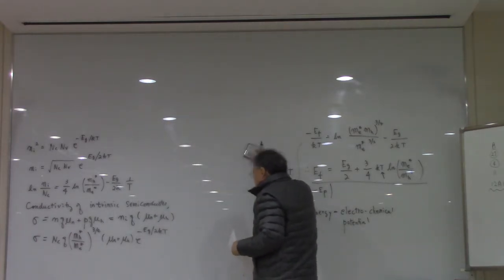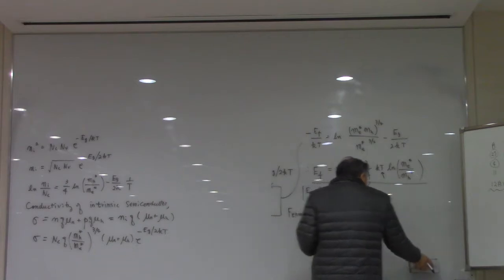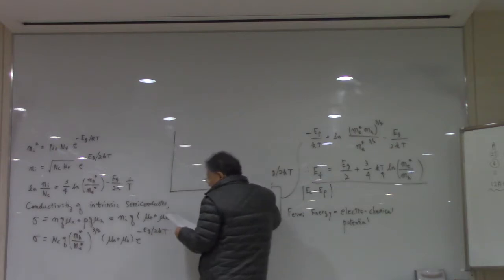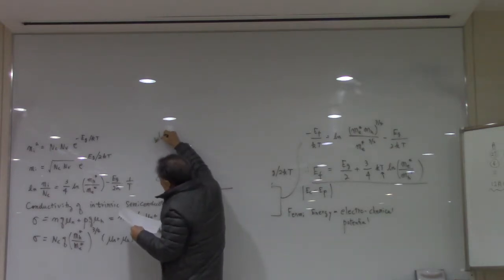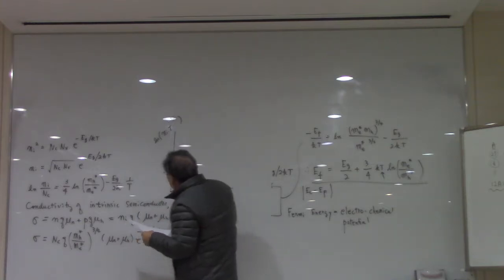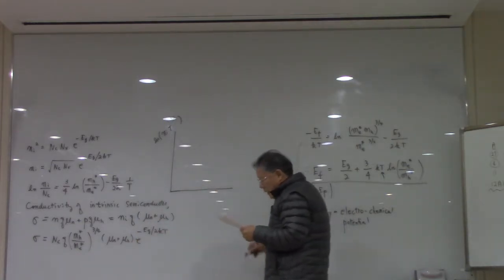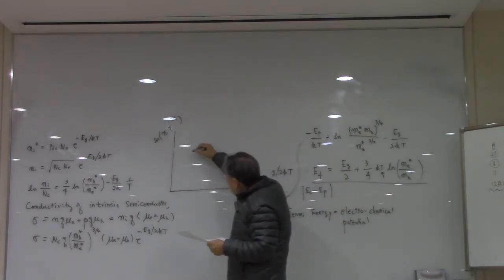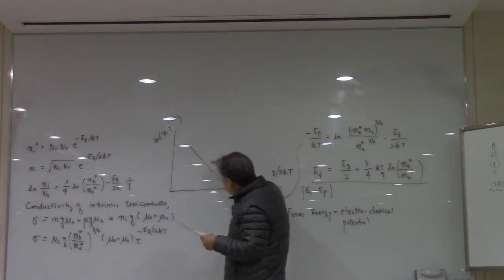So if you make a measurement of the conductivity of a semiconductor with respect to the temperature, and then make a plot with ln of sigma T to the minus 3/2 on the y-axis and 1 over T on the x-axis, then you're certainly going to have a straight line, with the slope corresponding to minus Eg over 2k.